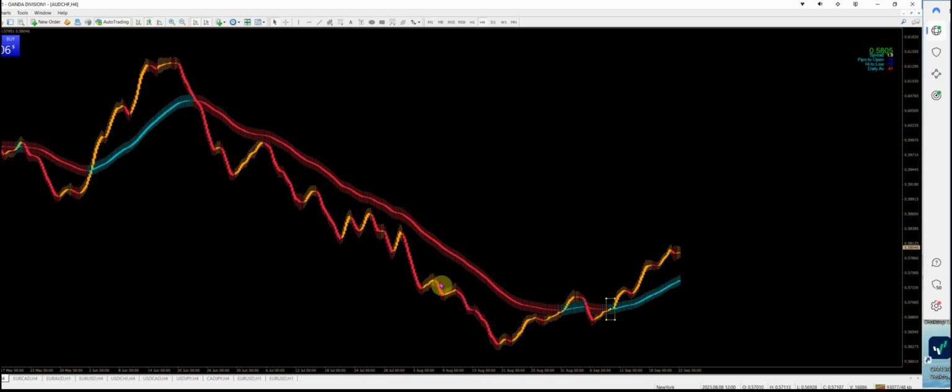If you went in short right here, okay, this isn't very impulsive, but let's say you were watching this in real time. Price comes up here, turns red, you go short, you put your stop right above here, you had a very small loss and you were out.